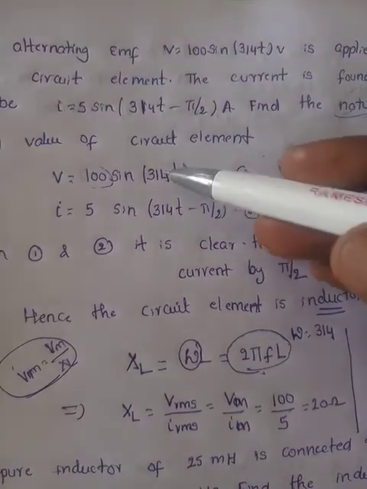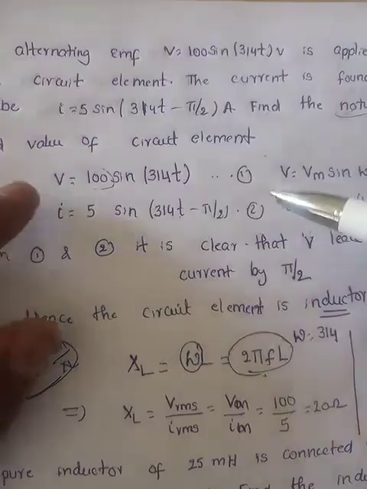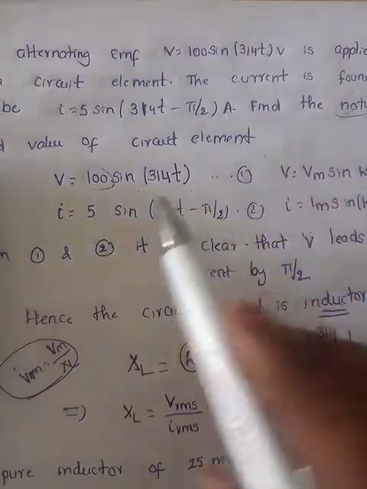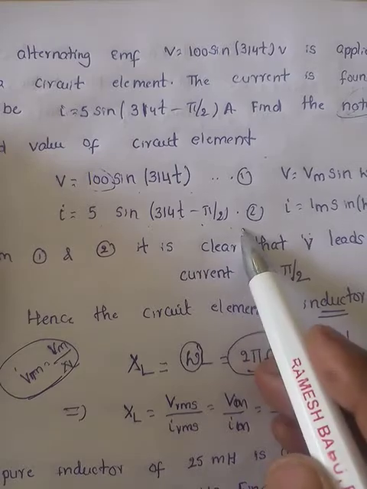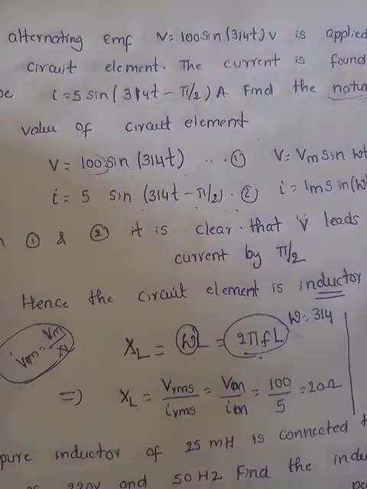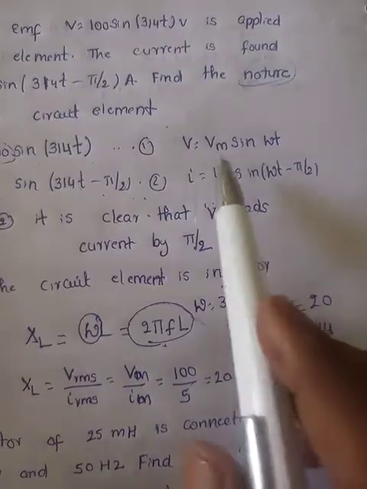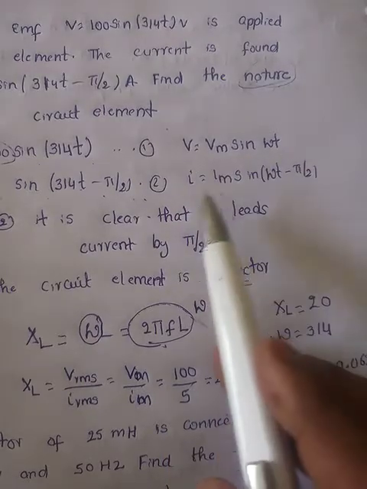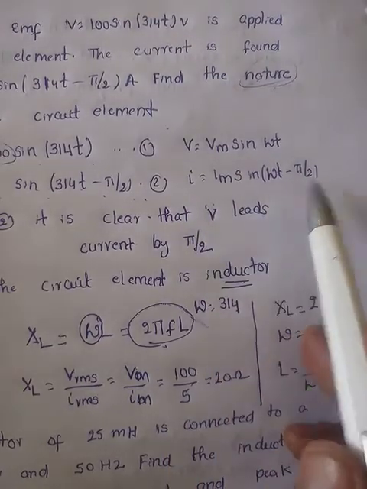So, what are the two equations they gave? Voltage is 100 sin 314t and I equals 5 sin(314t minus pi by 2). They are asking to find the nature and value of the circuit element. These are the standard equations V equals Vm sin omega t and I equals Im sin(omega t minus pi by 2).